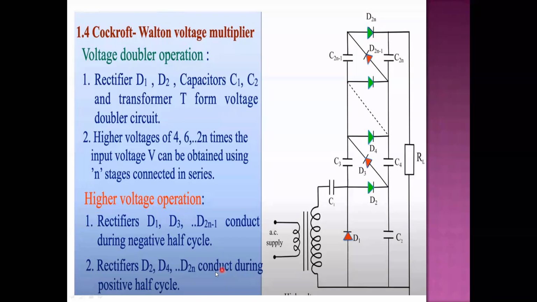So like this, the diodes are conducting. It's clear: during the negative half cycle, D1, D3, up to D2N minus 1 are conducting, and during the positive half cycle, D2, D4, up to D2N are conducting. Odd numbered diodes conduct during the negative half cycle, and even numbered diodes conduct during the positive half cycle.